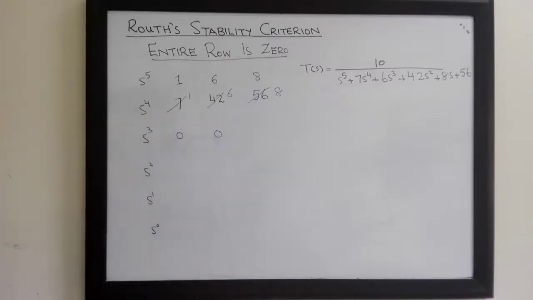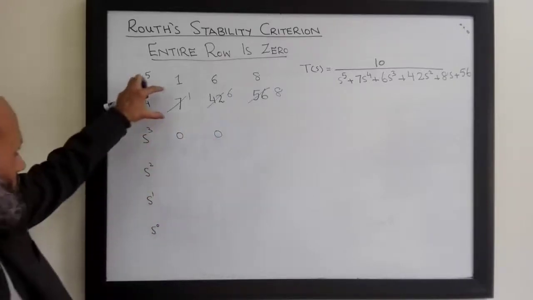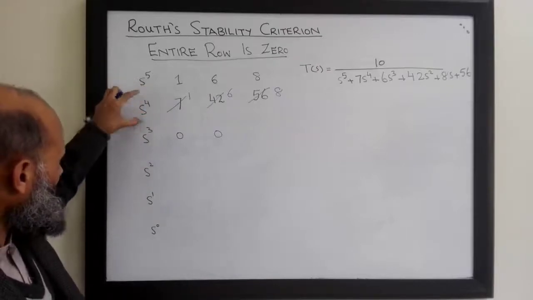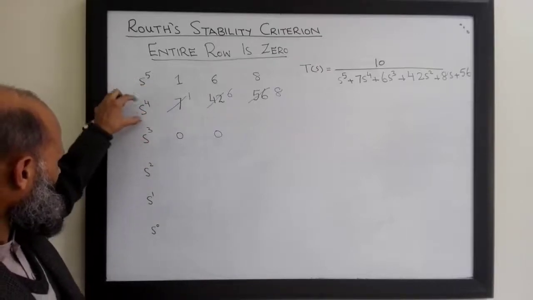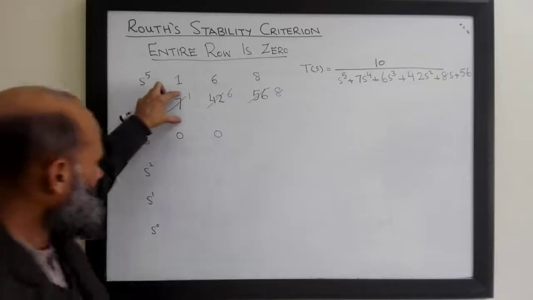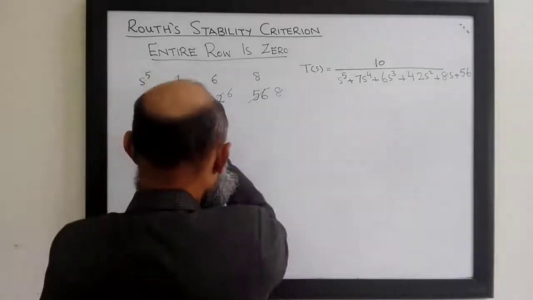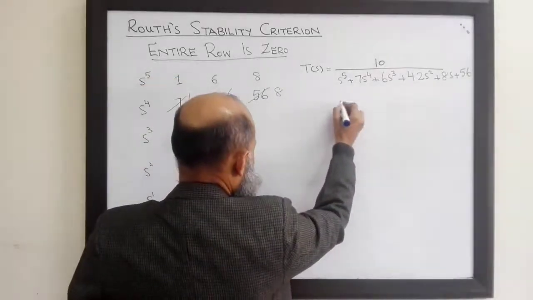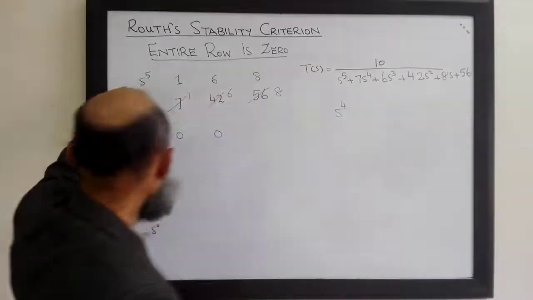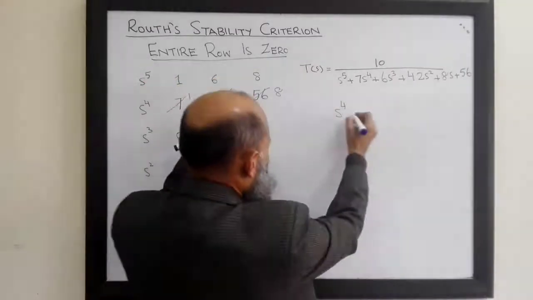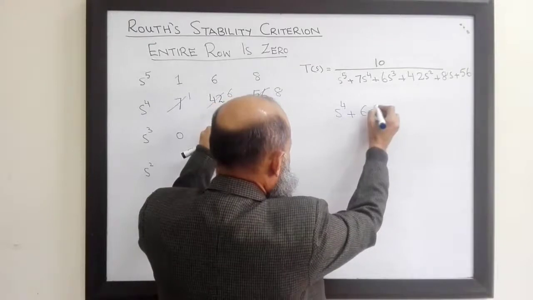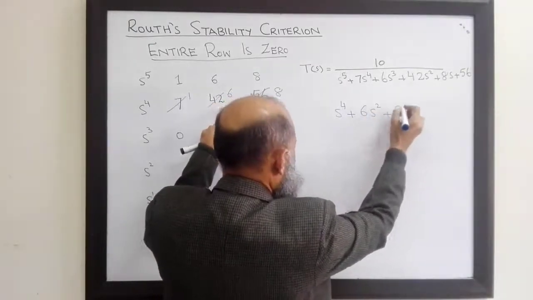Here we cannot proceed for the construction of this table because we have an entire 0 row. To get rid of this difficulty, what we do is we construct a polynomial from the row above the 0 row, that is from this row we have this polynomial as s power 4 plus 6s squared plus 8.